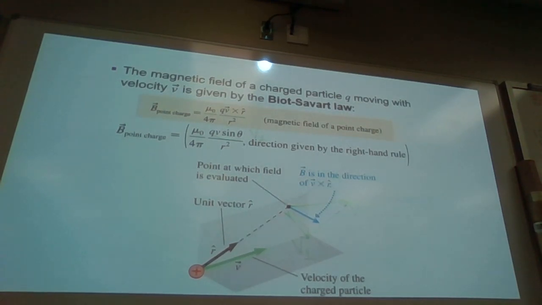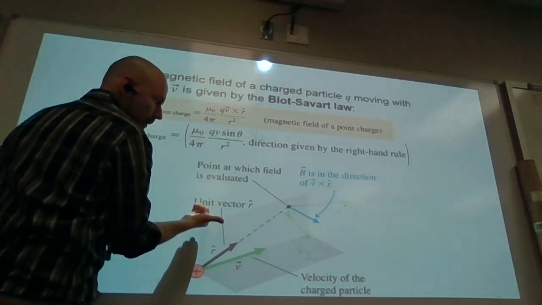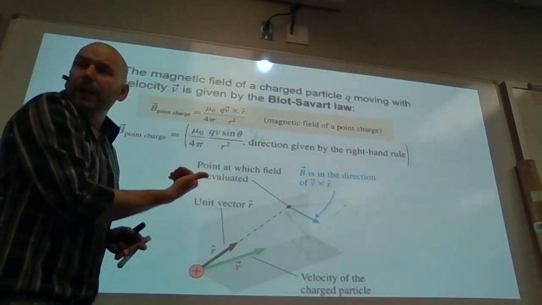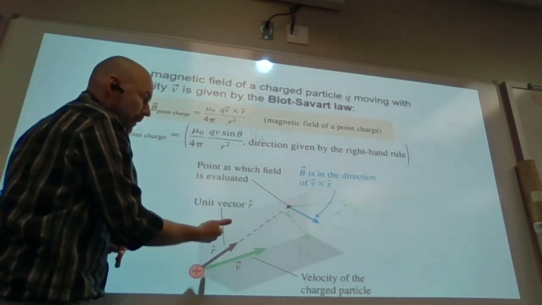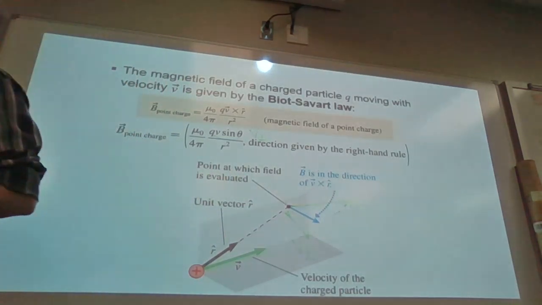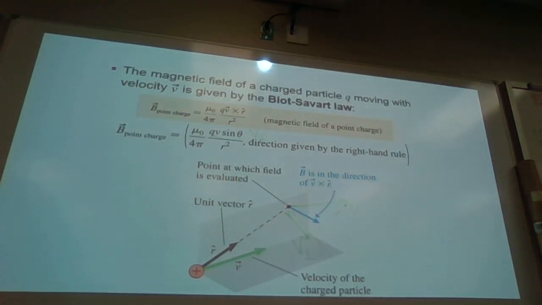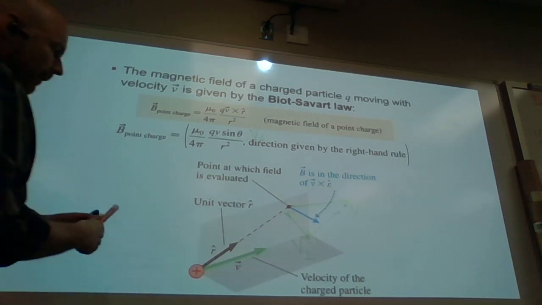How do you use the right hand rule for this? You stick your thumb in the direction of velocity, and it curls around. This is right hand rule number 1. Because what we're going to go to is a wire with current going through it, so it creates its own magnetic field.